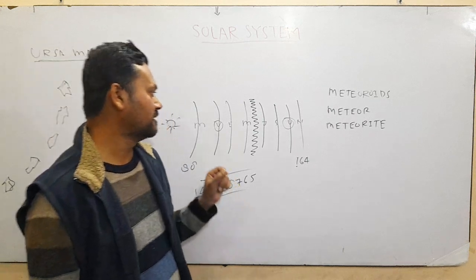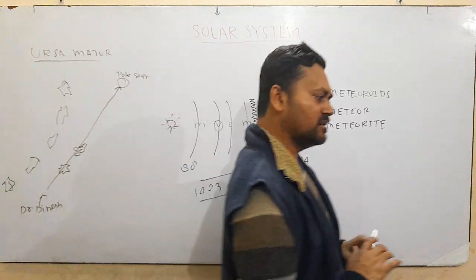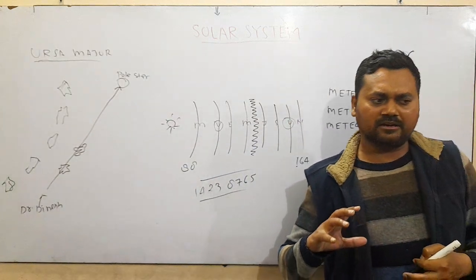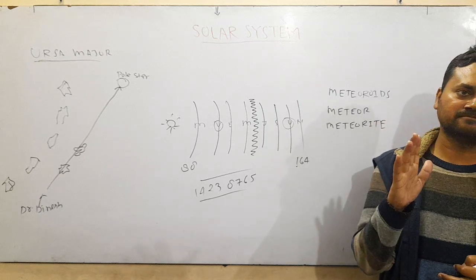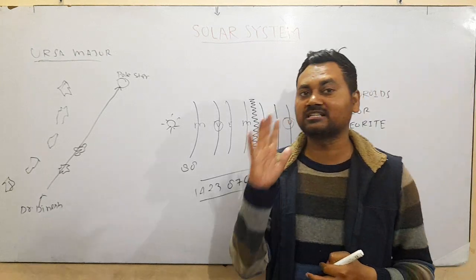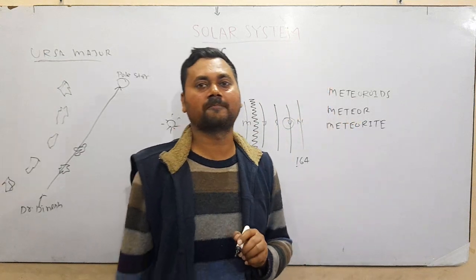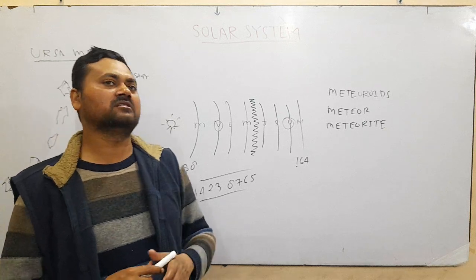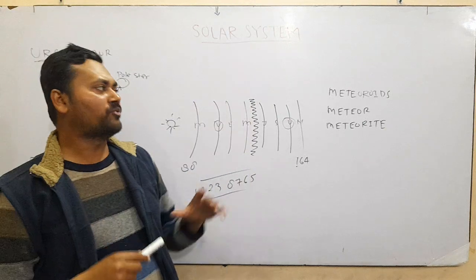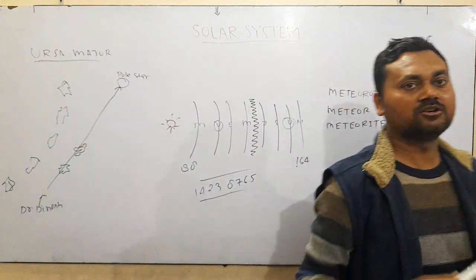Actually, look, the asteroids, those that are a little smaller in size, are called the meteoroids. But sometimes a situation comes when they start coming towards the earth.